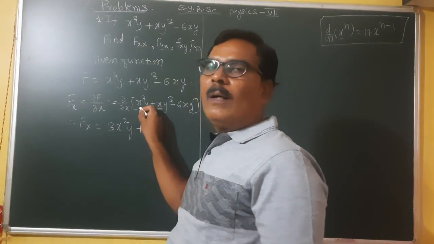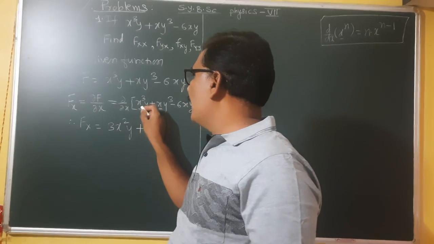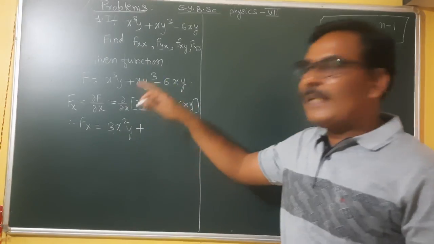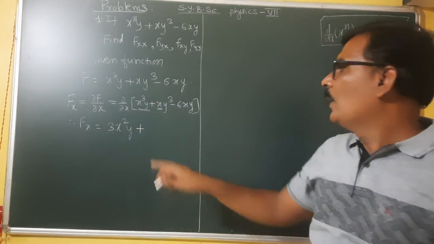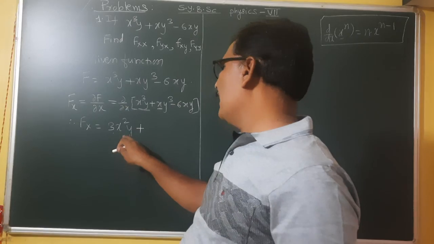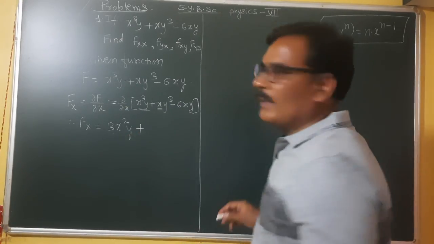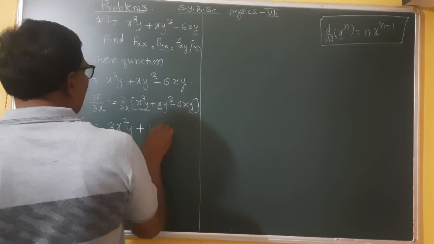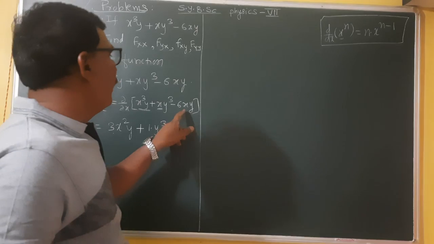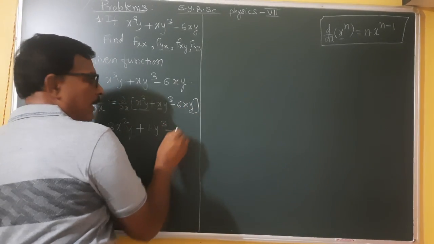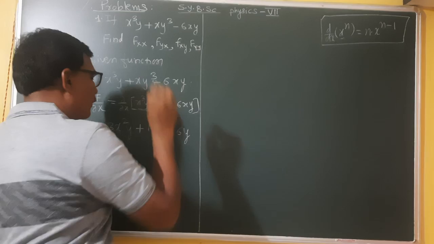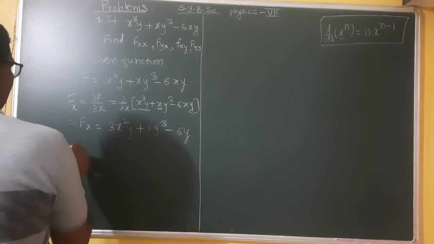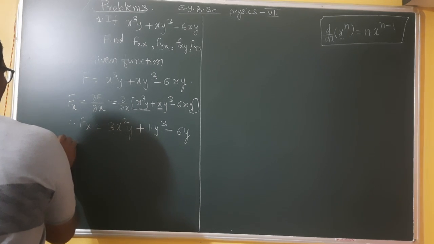Here the power is x cube, so we write 3 into x square, since 3 minus 1 is 2. So we get 3x square y plus, the derivative of x being 1, 1 into y cube, and minus 6y, since the derivative of x is 1. Finally this is fx. After that we again have to differentiate.